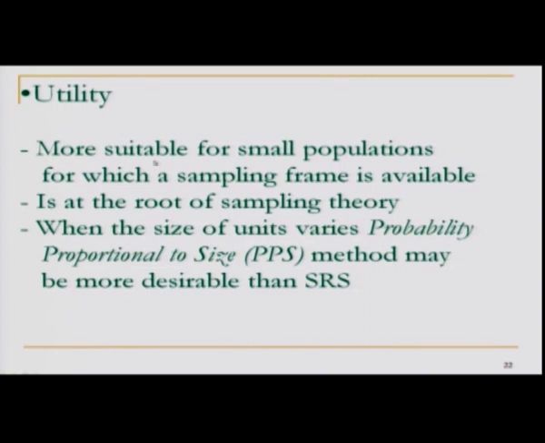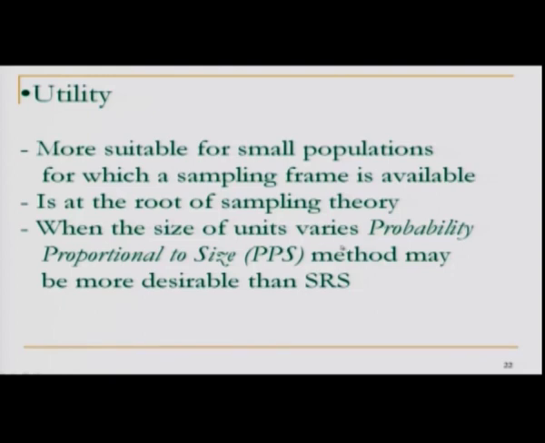Utility: simple random sample is more suitable for small populations for which a sampling frame is available. It is at the root of sampling theory. All other sampling theories for more sophisticated designs are rooted in the theory of simple random sample.